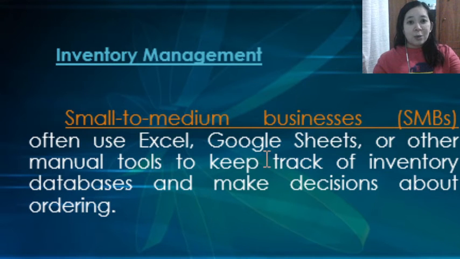They can also use Google Sheets, which is similar to Excel, or other manual tools to keep track of their inventory. They can use the book of accounts, inventory sheets, and the like to make decisions about ordering, so they can track and manage their inventory levels.